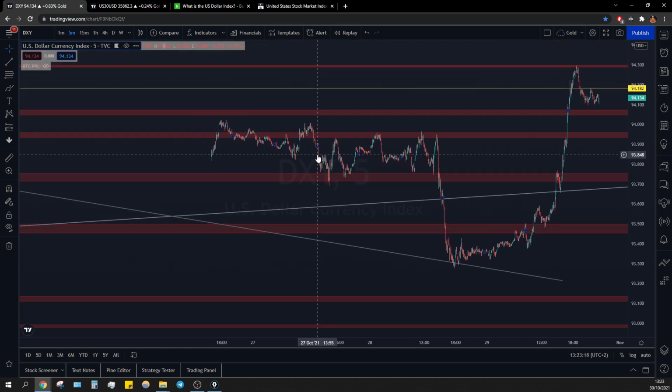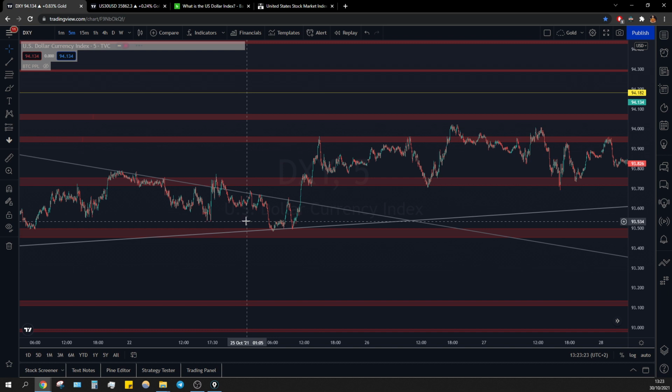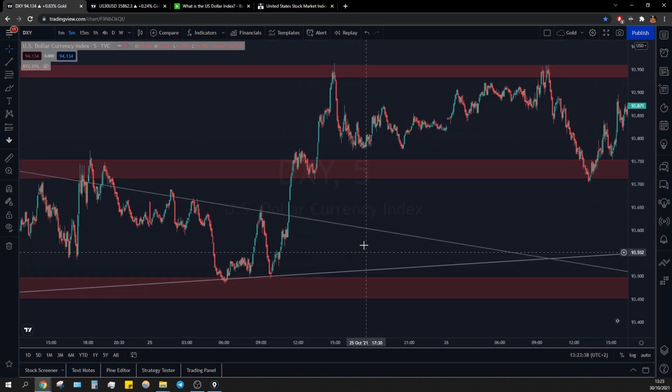So if I start the day and I see that the dollar is breaking above the range and is reacting, I say, okay, let's be careful, because in this area it's very important to monitor the dollar to see if it breaks again below and makes a bearish trend, or, as you can see, breaks above.